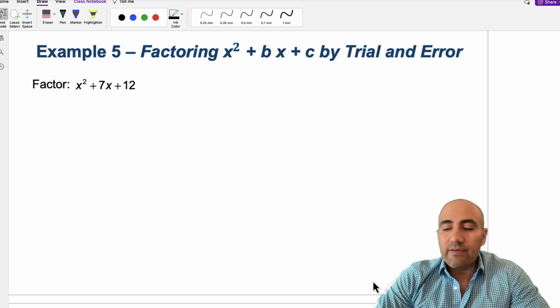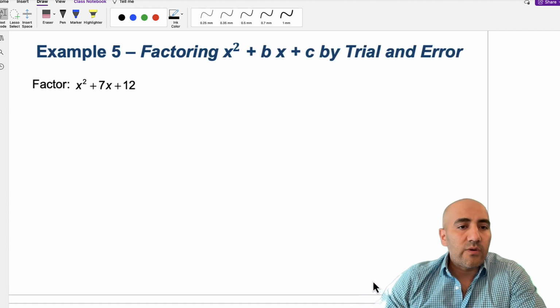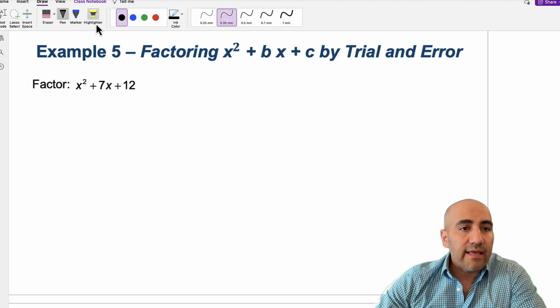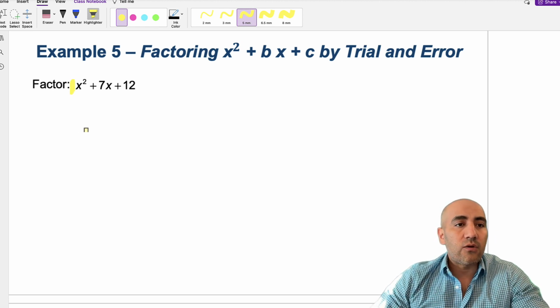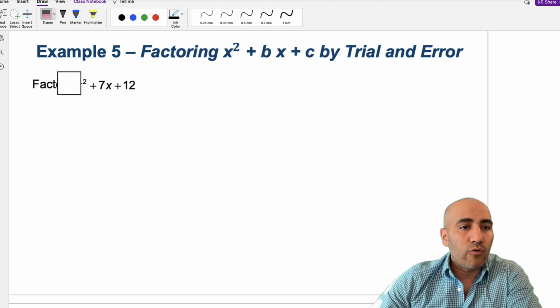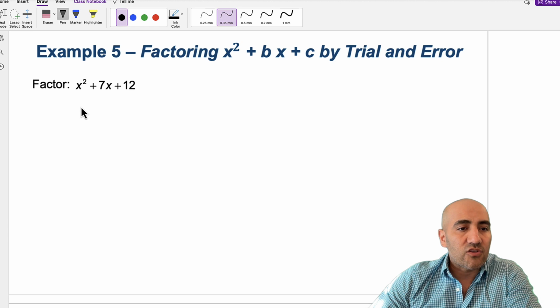So for example, if we're given this one, this time we don't know what the answer is ahead of time, but it fits the form. Again, notice that there is a 1 in front. By default, there's nothing there, so there's a 1. So this is going to work out for us. It's going to fit that form. Usually I just start by writing it down: x, put a big space there, times x, put a big space there.